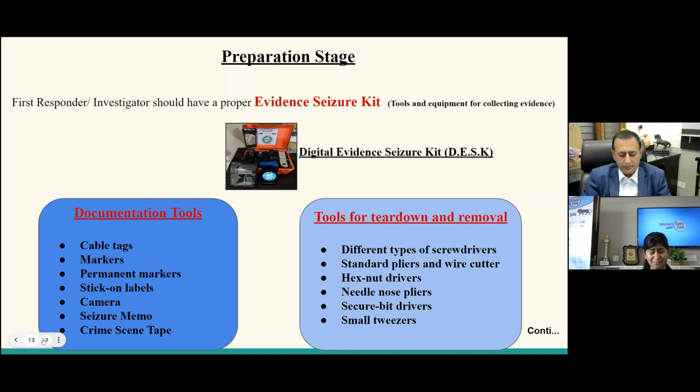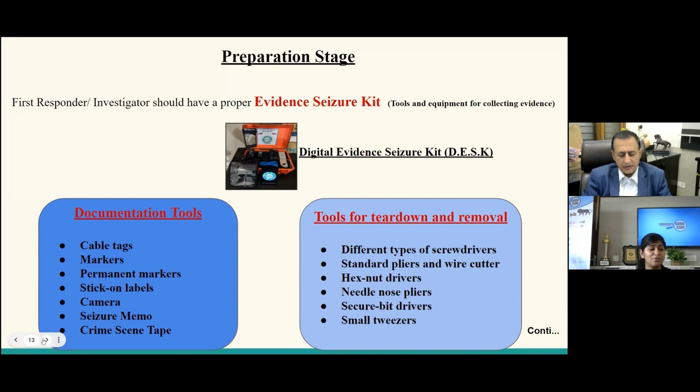But if at the incident location it is kept at the left side, this indicates that the user could be a left-hand user. These things should be observed clearly by the first responder or the investigating officer, and should be documented.